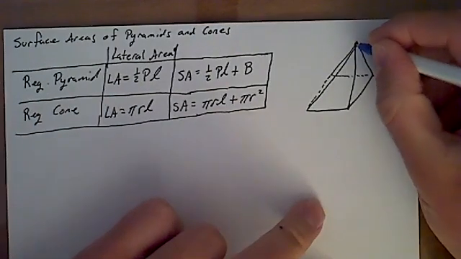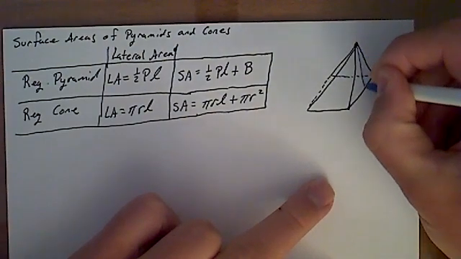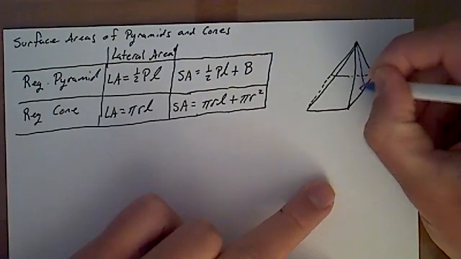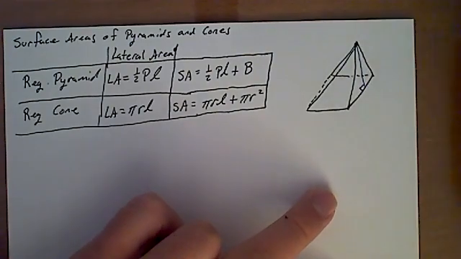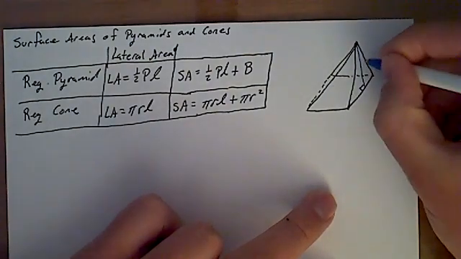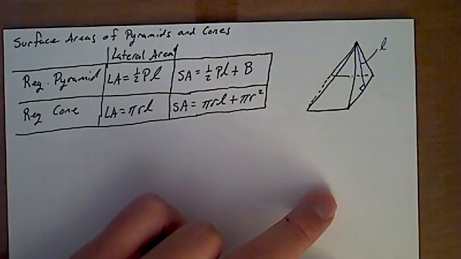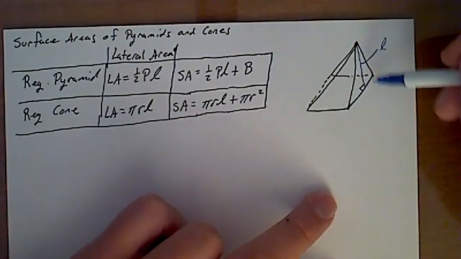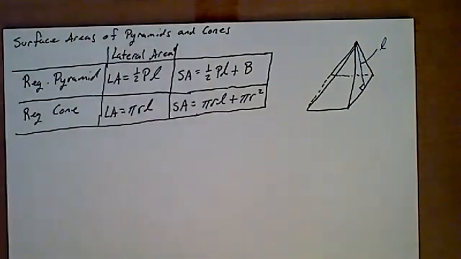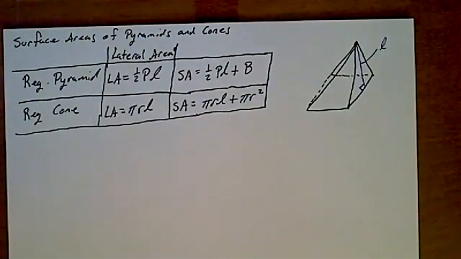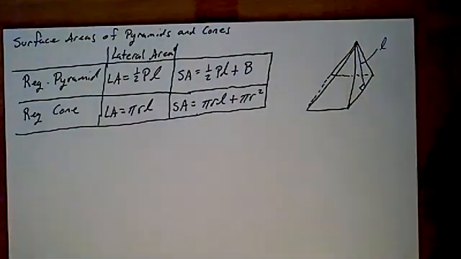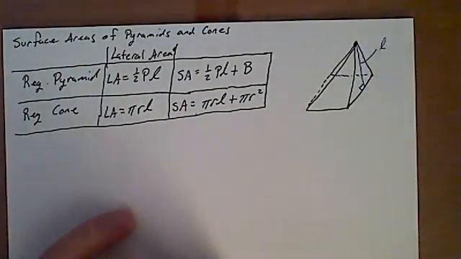The slant height goes from the point here perpendicular to one of the sides here. So it can be on any of these. When we talk about slant height, this is the slant height. It is the altitude or the height of one of the triangles, one of the lateral sides, right?